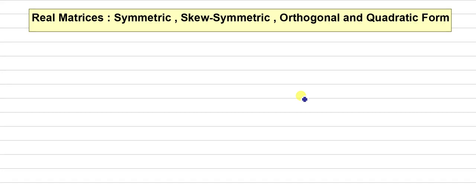Hello everyone. Today I will take some points of matrix to introduce you. First, I will tell you what is symmetric, what is skew symmetric, and what is orthogonal, and the quadratic form when we study in real matrix.